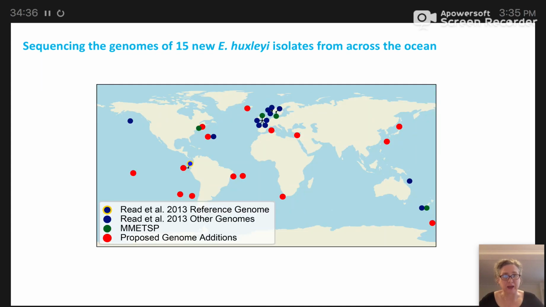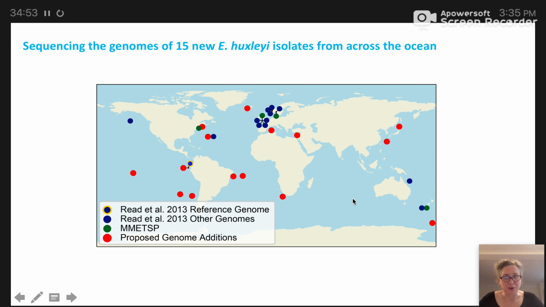And to do that, we're actually in the process of sequencing 15 new genomes from E. huxleyi isolates that are in culture collections that have been isolated from throughout the world oceans, shown here in the red dots.